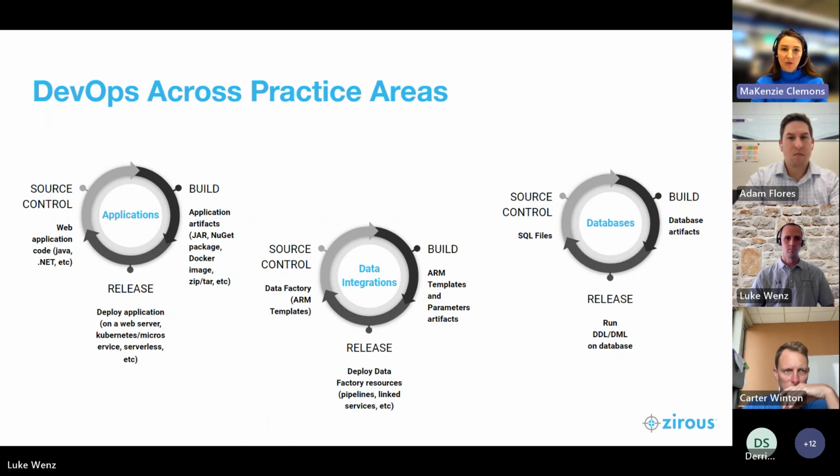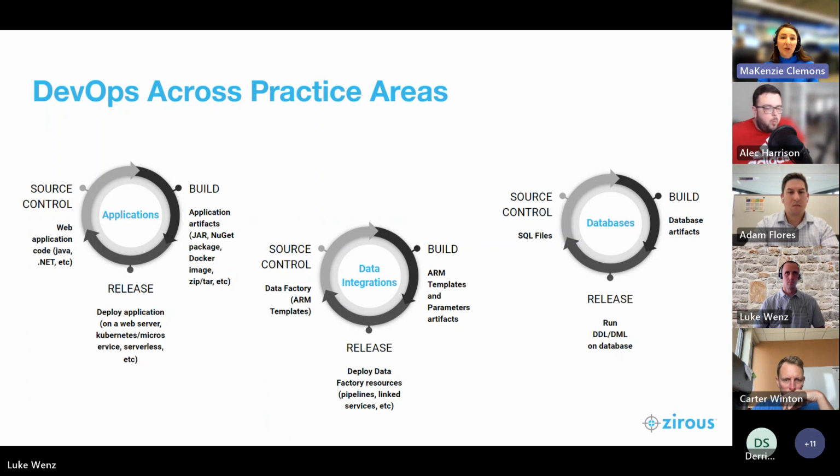And then as we move through that circle into the build foundational need of applications, we have the application artifacts. For Java, we might have jars, we might have NuGet packages for .NET applications. Maybe we have Docker images or zip and tar files for different types of serverless or microservice type applications.